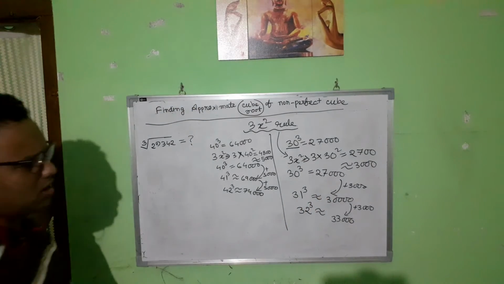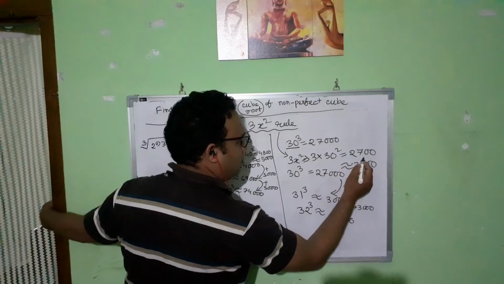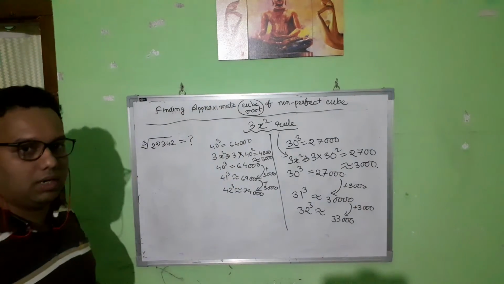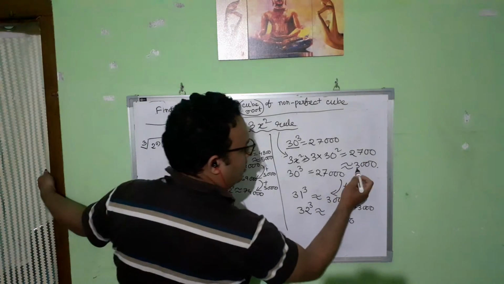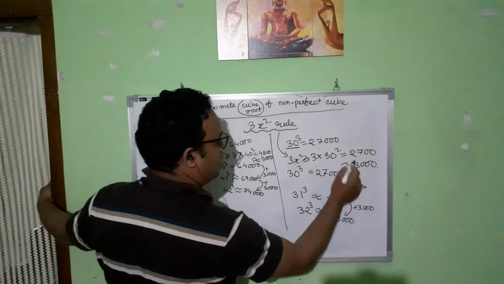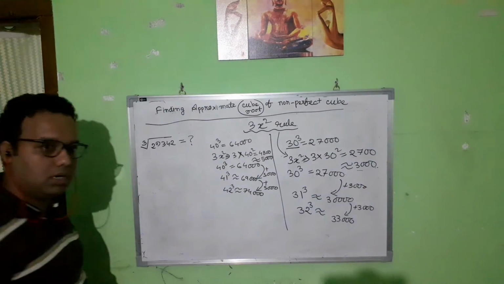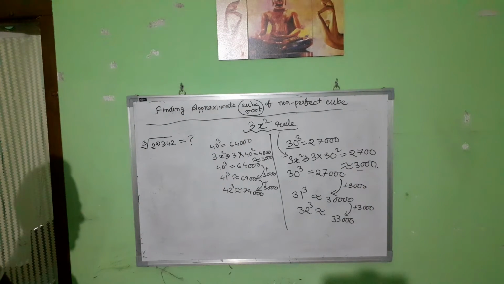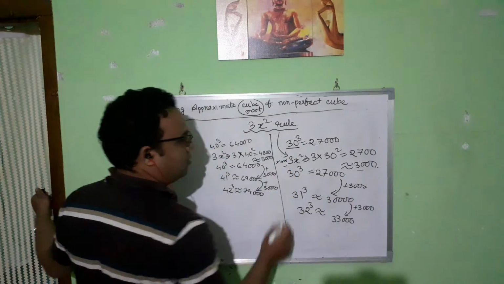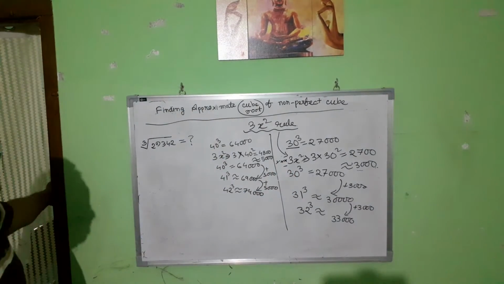Now, I am taking an approximate value 3000 because I need some whole number. Say 2700 is really close to 3000, so instead of taking 2700, I am taking 3000. So this number that I evaluate is really specific.